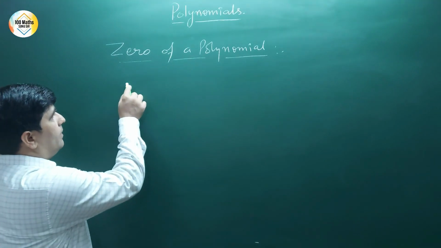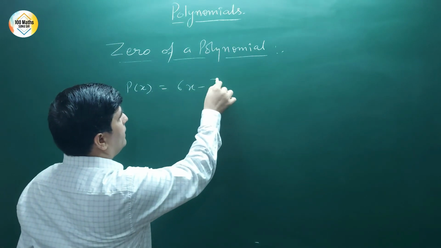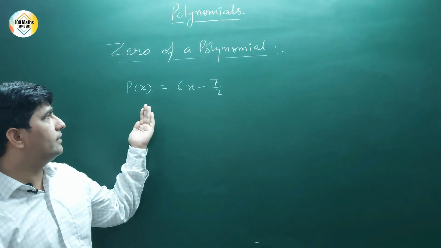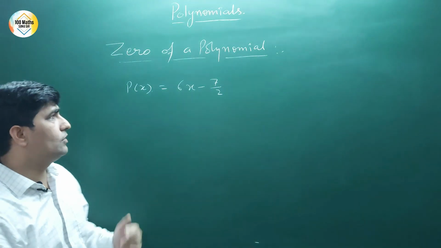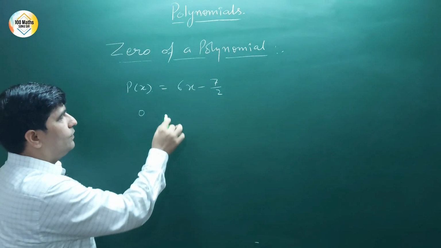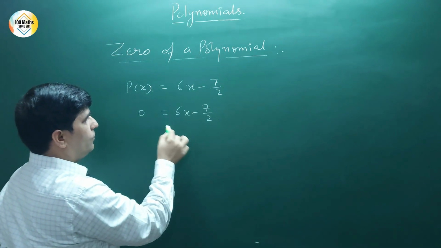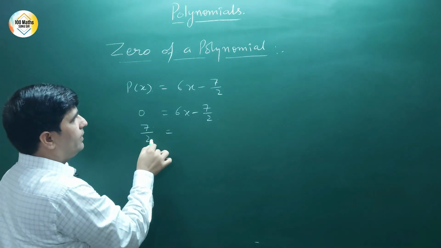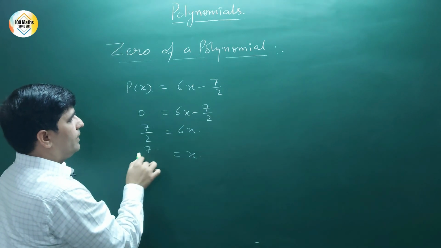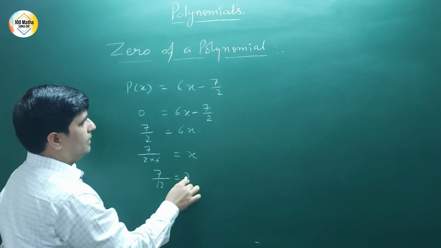Okay, another example. Let's say P(x) is 6x minus 7 by 2 and they are saying find the 0 of this polynomial. So again we are doing the same thing, putting P(x) as 0 and we will find x. 6x is 7 by 2, so x will be 7 by 2 into 1 by 6, which means 7 by 12, right?